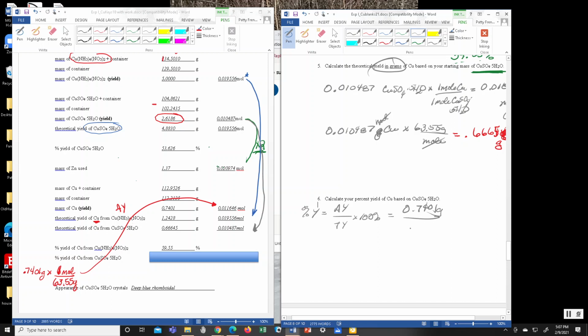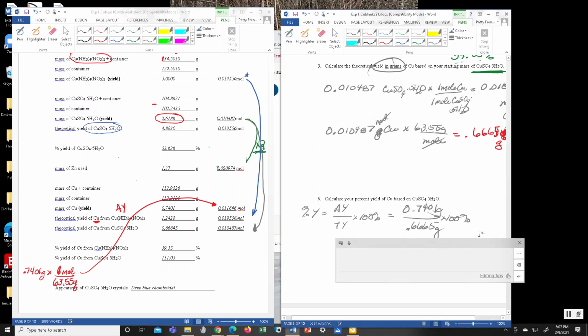Our theoretical was 0.6665 grams times 100%, or, that doesn't look right. 111.05%, or 111.1%. Now, how is that even possible?